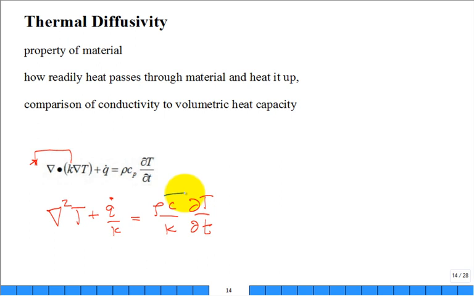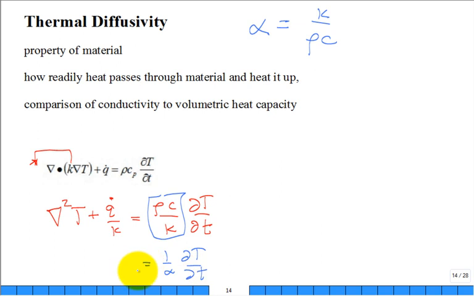And this property right there is often called alpha. It's K over rho C, so it would be written as 1 over alpha, the partial of T with respect to time. Okay, so alpha is a new property, but it's just K, the thermal conductivity, divided by the mass density and the specific heat.